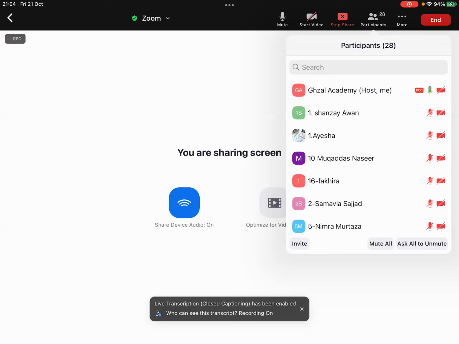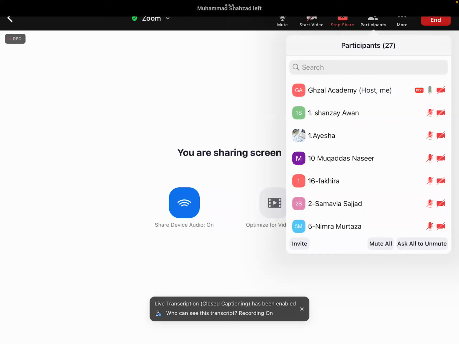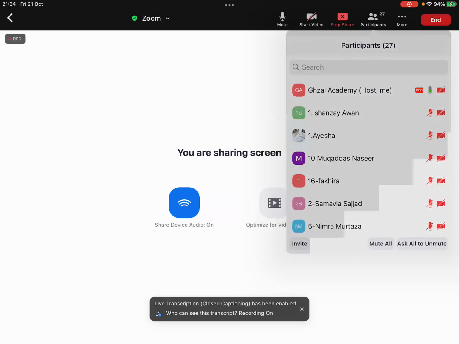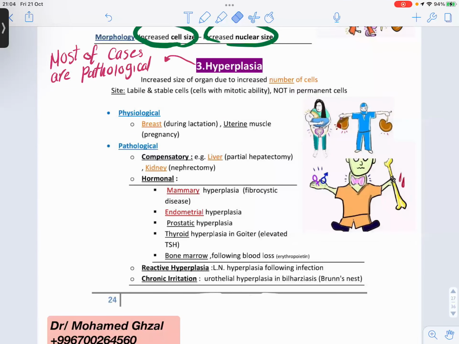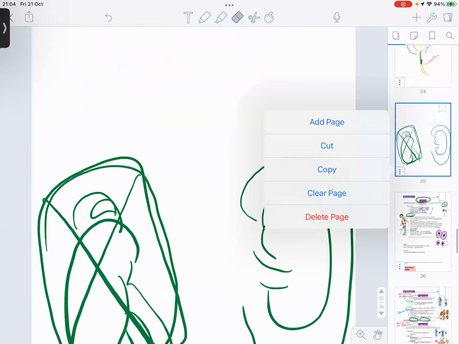So we see the difference between hypertrophy and hyperplasia: hypertrophy is an increase in size, but hyperplasia is an increase in number. Hypertrophy is mostly physiological. Hyperplasia, we will talk about now, is mostly pathological. Another difference that we have, and you studied in histology, is that we have 3 types of cells according to the ability of division.